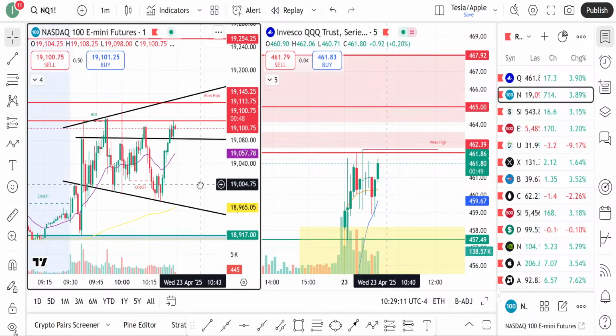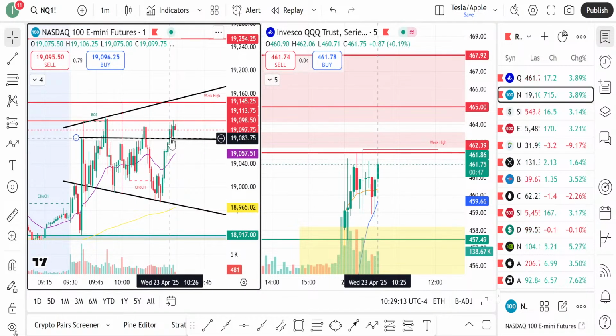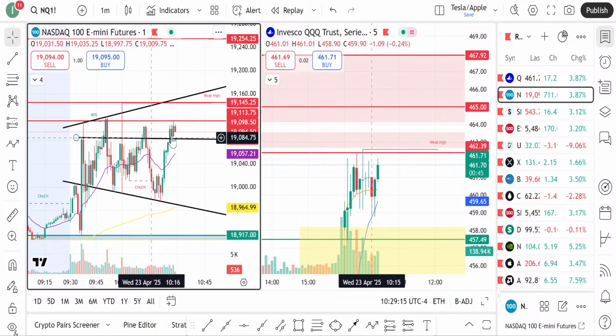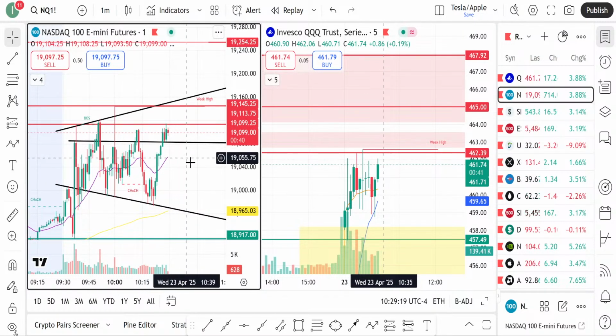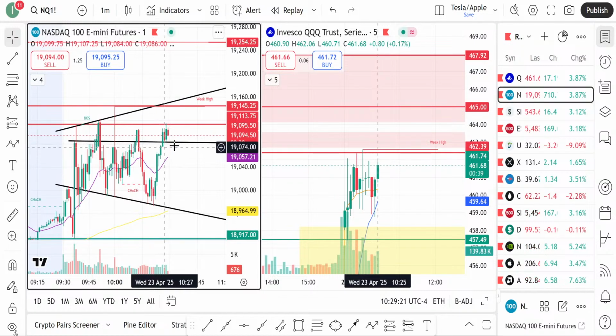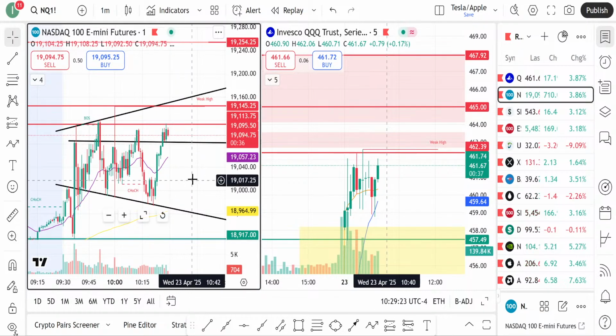We can see here that price pulled back to this resistance right here and used it as support. So there could be more follow through to the upside.